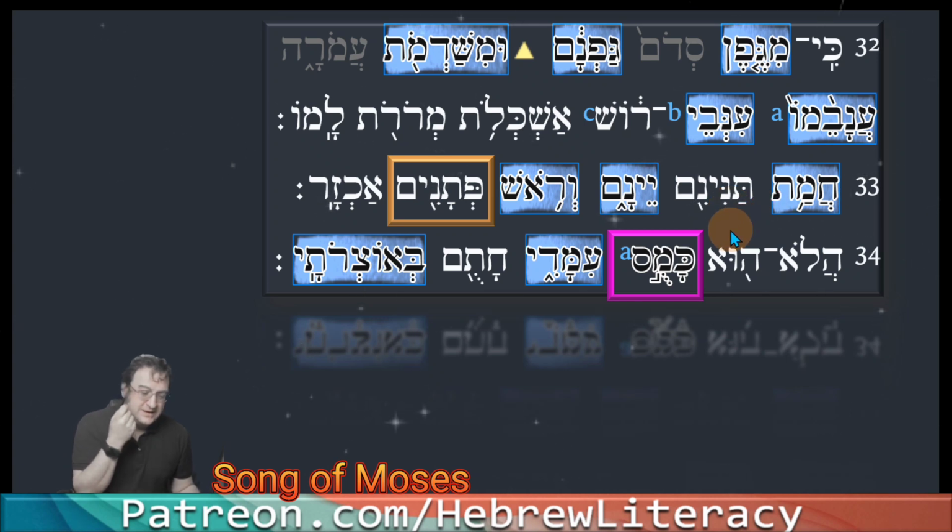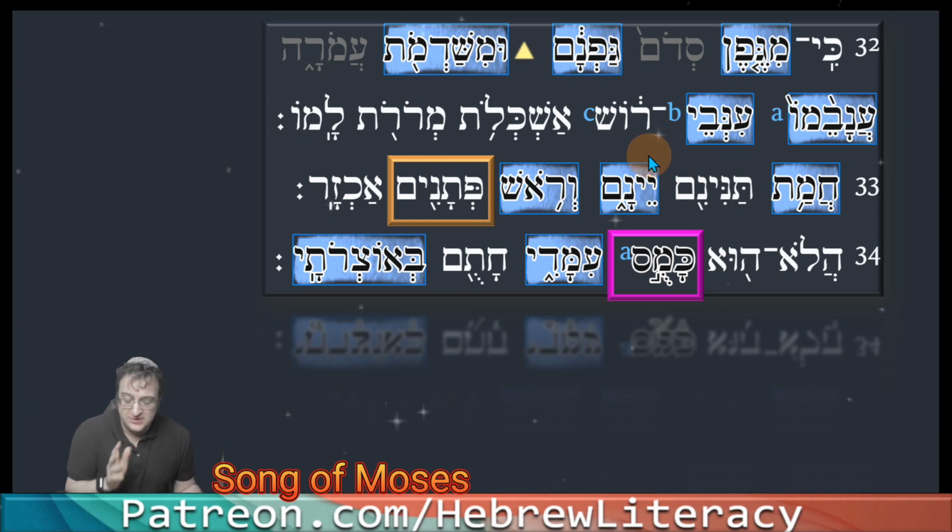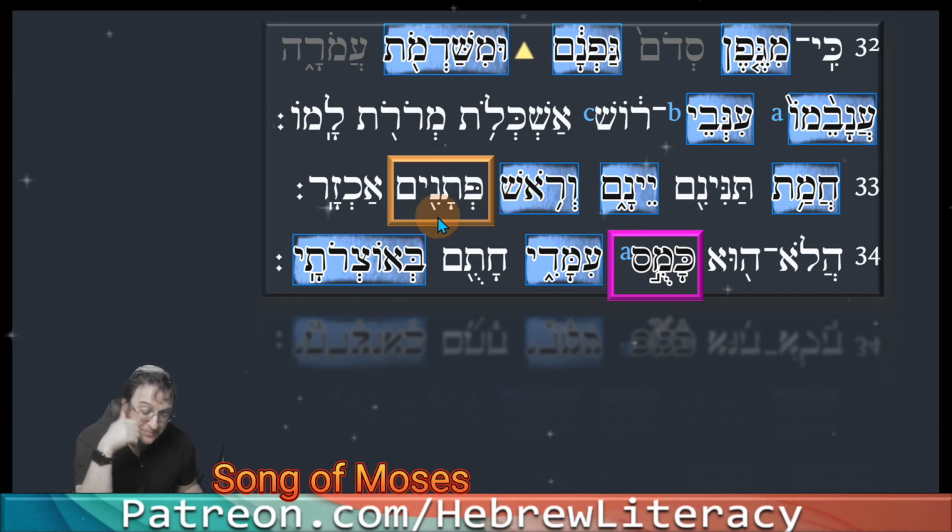It doesn't sound as good in English, poison, venom, and then poison, but in Hebrew, at least you've got different sounding words here. Perhaps rosh without the aleph was originally some other kind of poison. So yenam, this is the wine of them, is their wine. The rosh, and the poison of petanim, although this could actually mean the head of petanim.